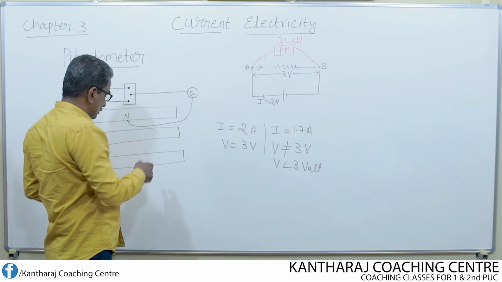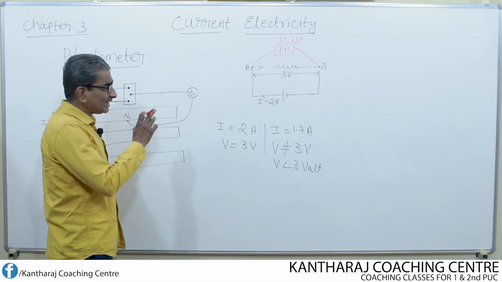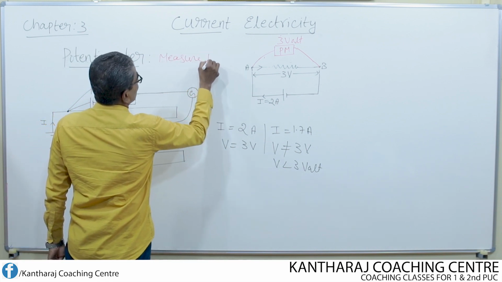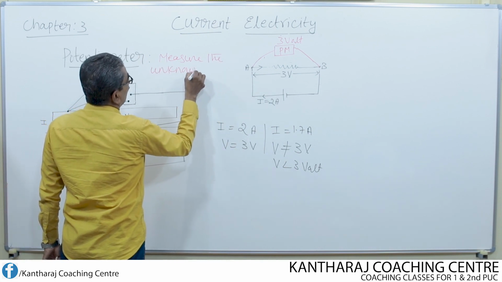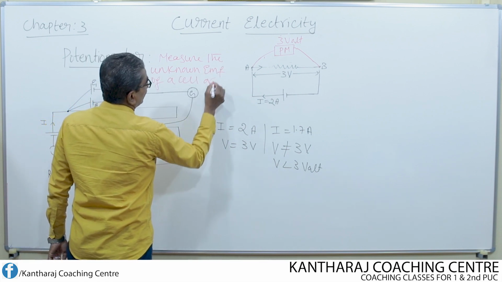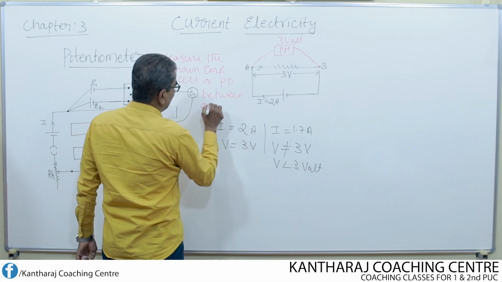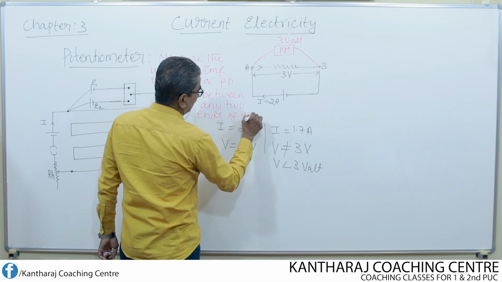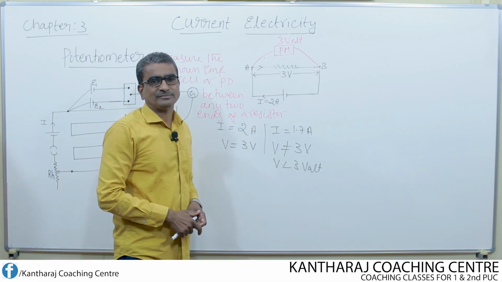Then what is meant by potentiometer? Potentiometer is a device used to measure the unknown EMF of a cell or the potential difference between any two ends of a resistor or a conductor in a circuit.